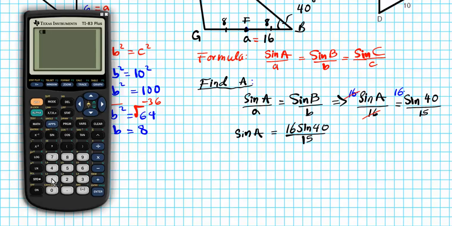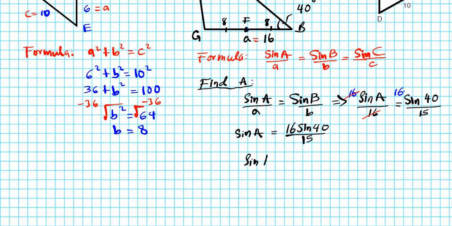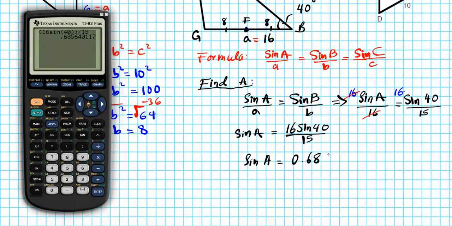We have 16 sine 40 divided by 15, and our answer is 0.6856. So sine A is equal to 0.6856.